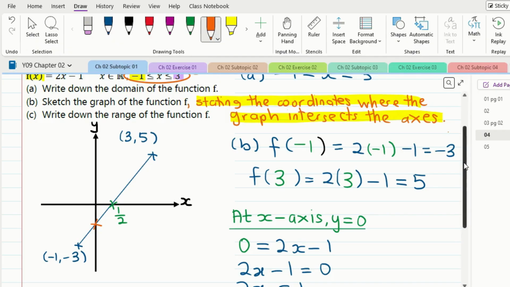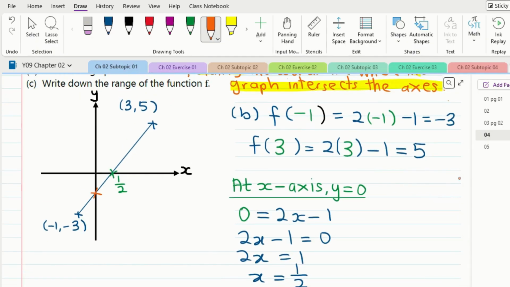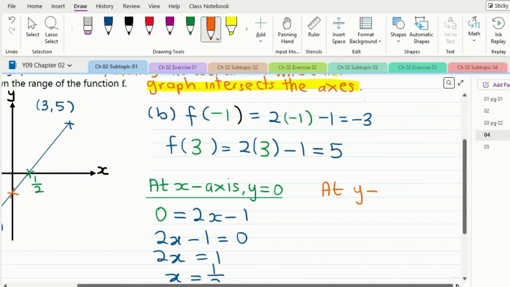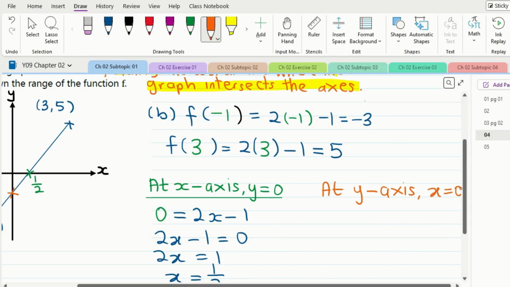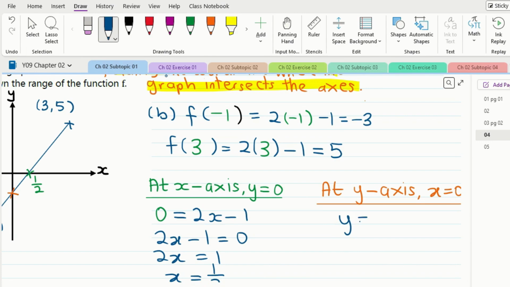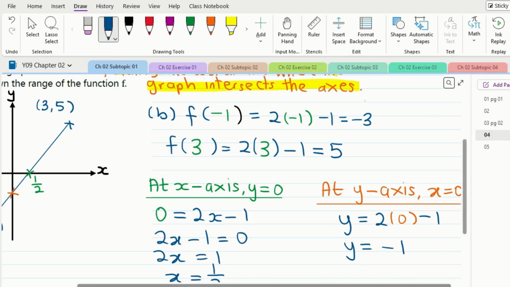As for the y-axis value, you can already guess, on the y-axis the value of x is constantly 0, so you have to substitute x equals 0. So your function is calculated as y equals 2 times 0 minus 1, which means y equals -1.